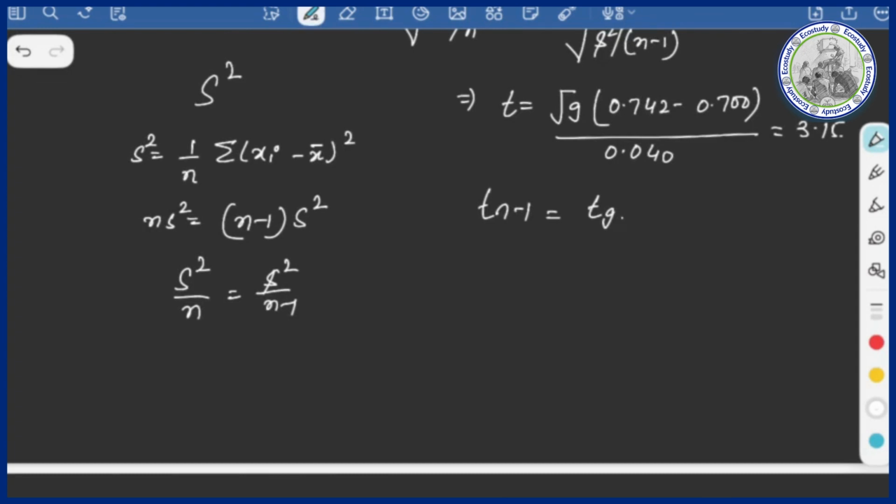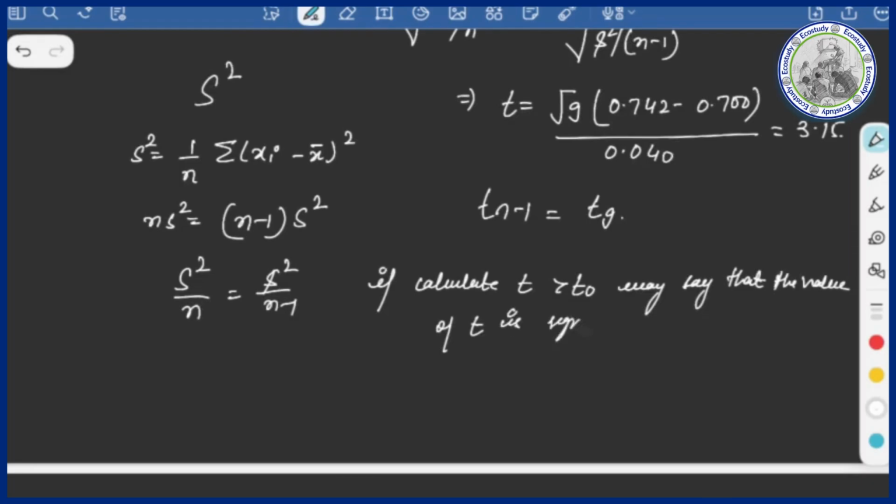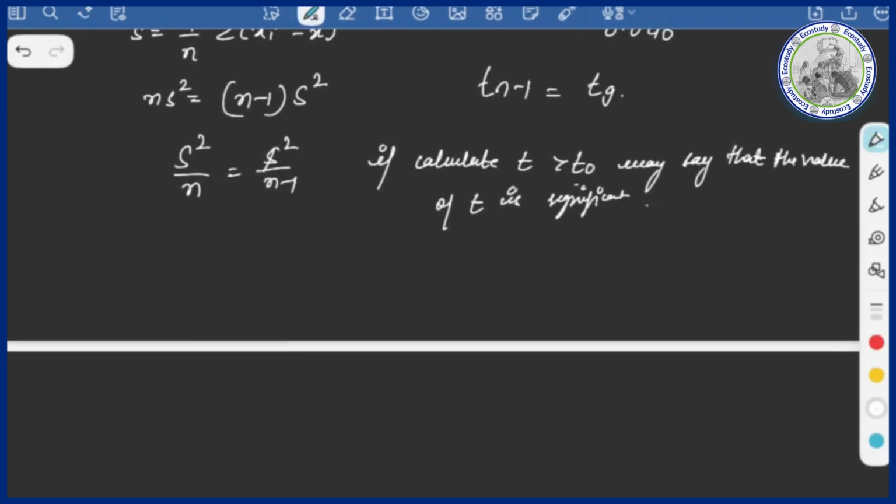Now if calculated t is greater than t naught, we say that the value of t is significant. Okay, what does it mean?